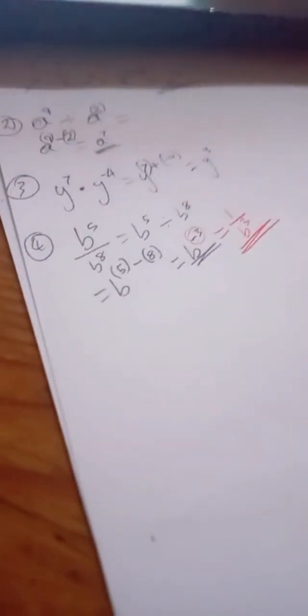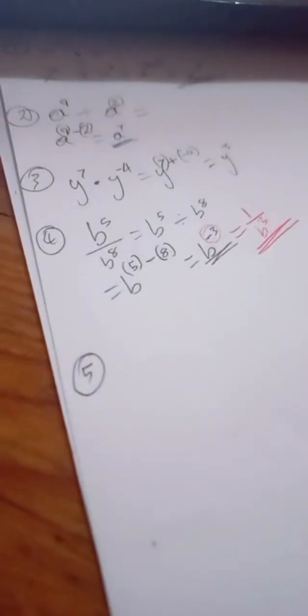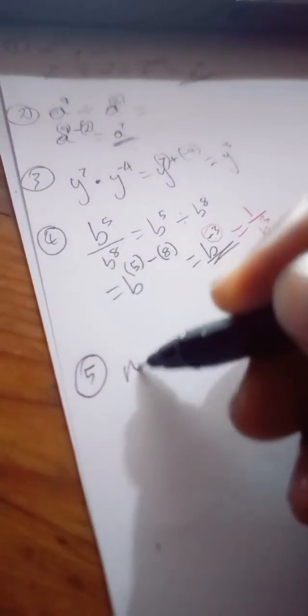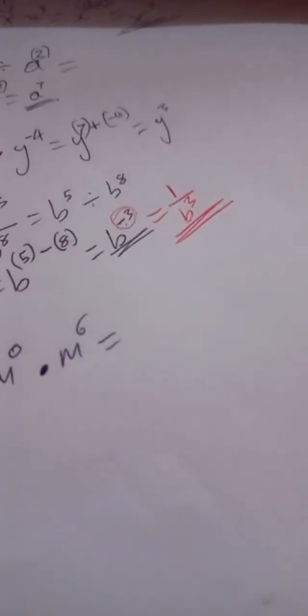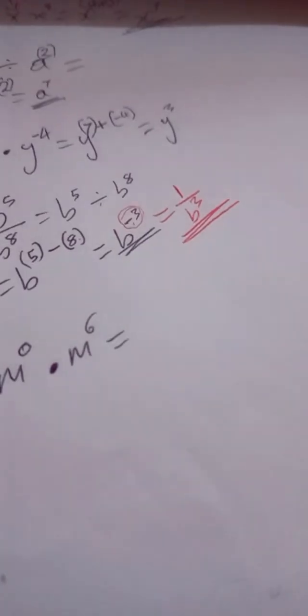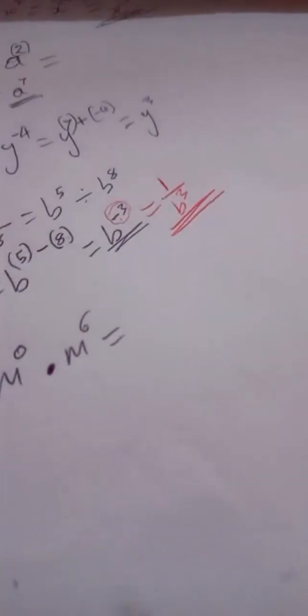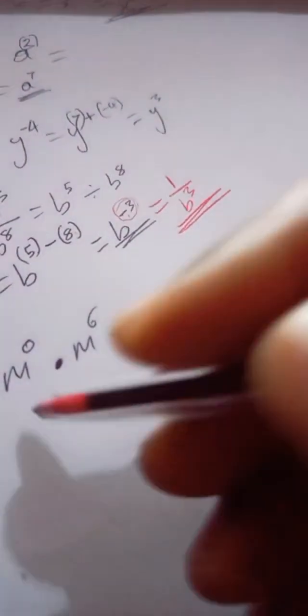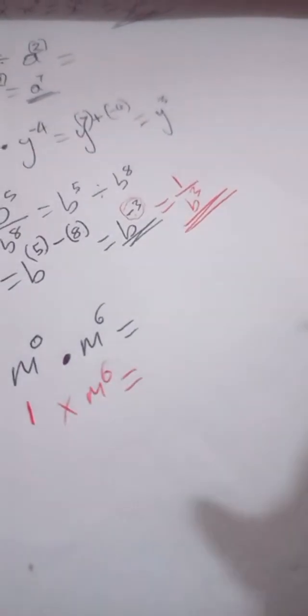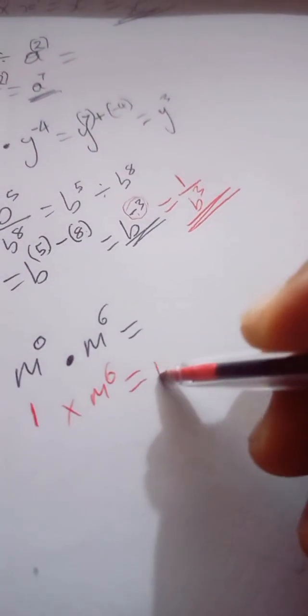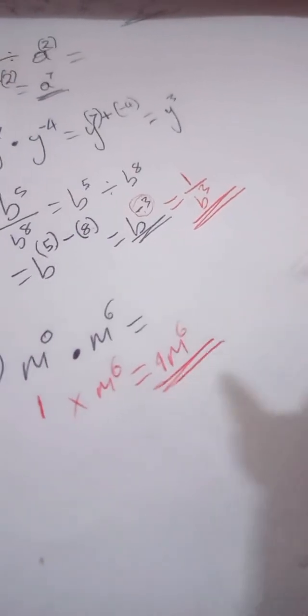From there, question number 5: m to the power 0 times m to the power 6. Any number or any variable to the power of 0 is equal to 1. So it's going to be 1 times m to the power 6, which becomes just m to the power 6.